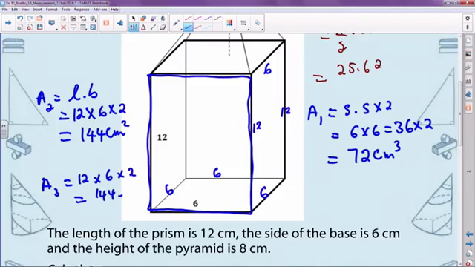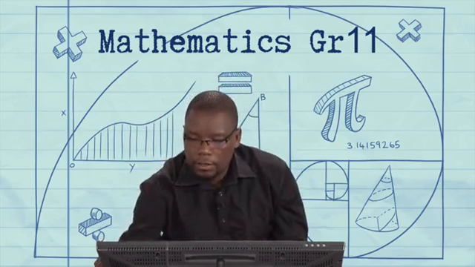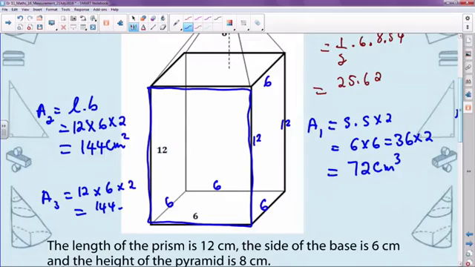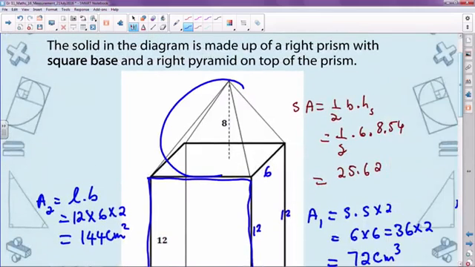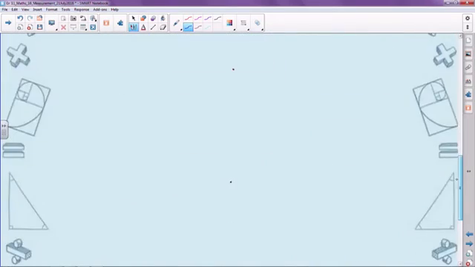Now, if you're working out now the total, it's going to be the top part, which is this part plus all the sides, and then you say the total surface area will be equal to the sum of all 3 plus the top part. Okay.